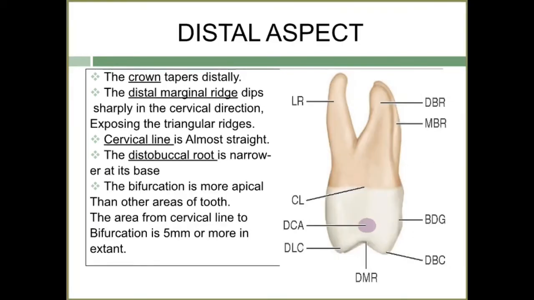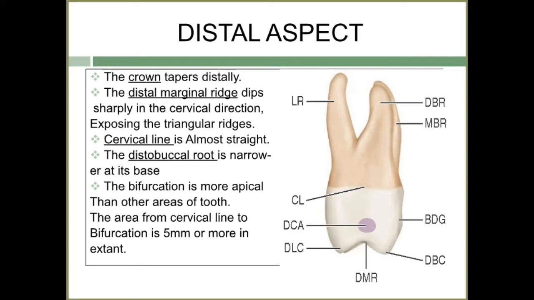Now from the distal aspect, the crown tapers towards the distal side. 2 cusps can be seen: one is the distobuccal cusp, and another is the distolingual cusp. The distal marginal ridge dips more towards the cervical line, so the triangular ridges can also be seen.